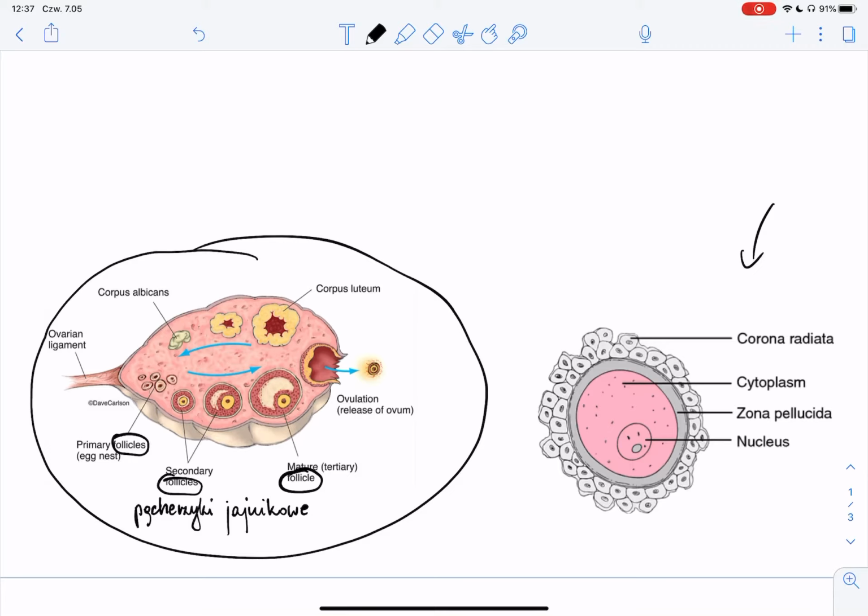Primary follicles are just beginning to develop, secondary follicles are underway, and there are mature follicles that are ready to break and release the egg cell, which is here outside. This process of releasing an ovum or egg cell is called ovulation.